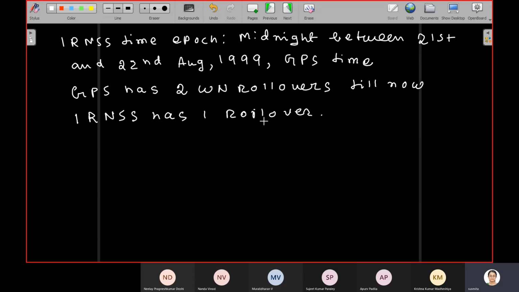You can even go back and forth between UTC and the GPS time and IRNSS time using some simple algorithm. Given UTC, the receiver can calculate the week number, time of week and week number rollover, and vice versa. So that's all about the two time scales, GPS and IRNSS time scales. Do you have any question on this? If not, I'll move on to a different topic.